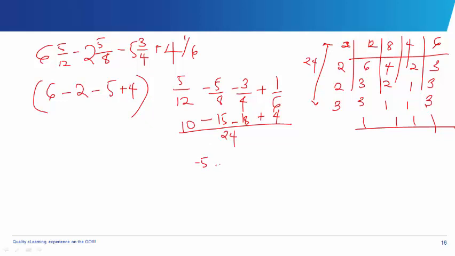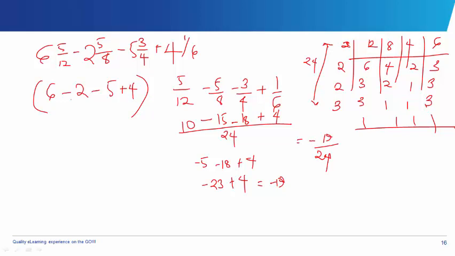Then we'll now have minus 18 plus 4. Minus 5 minus 18 gives us minus 23, then plus 4. Minus 23 plus 4 now gives us minus 19. So here now gives us minus 19 all over 24.